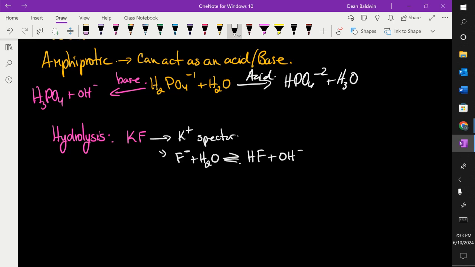Okay, so is this an acidic or basic salt? It's a basic salt because we produce OH minus. Okay, so KF is a basic salt. All right.